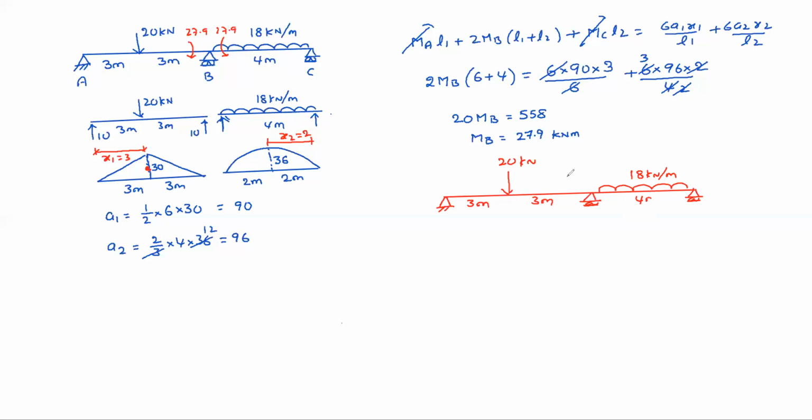We got these moments, 27.9 and this also 27.9. So finding reactions at 20, 10, 10 like this.